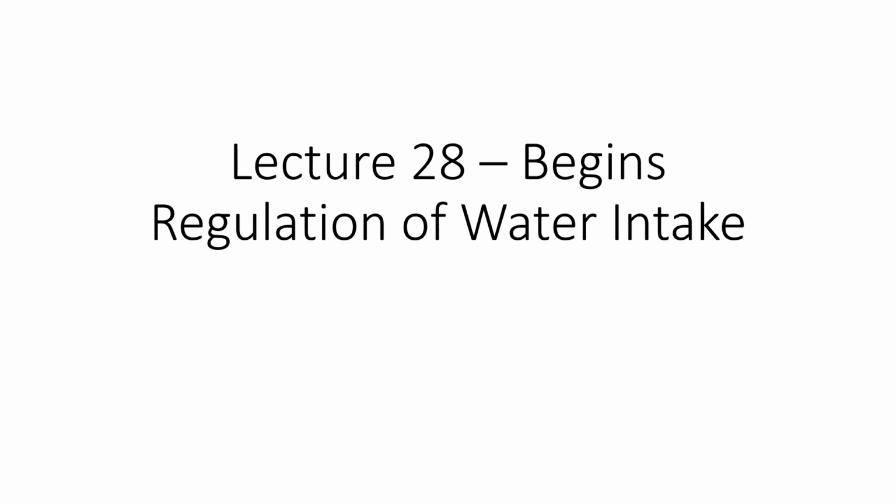In terms of electrolyte intake, most of our electrolytes come from the food that we eat. In terms of regulation of electrolyte intake, this intake is mostly simply regulated by hunger.